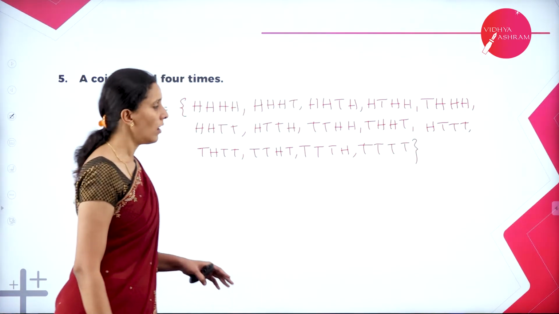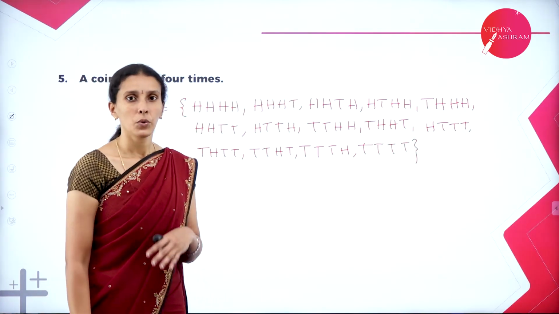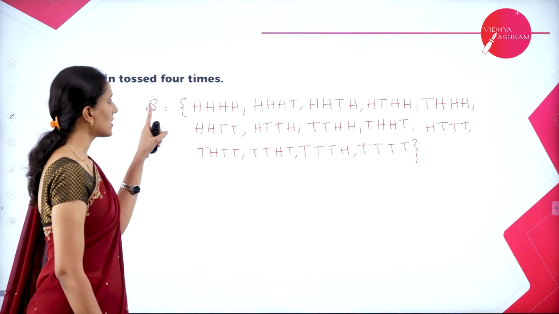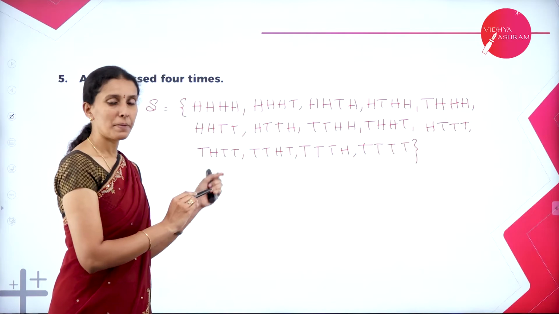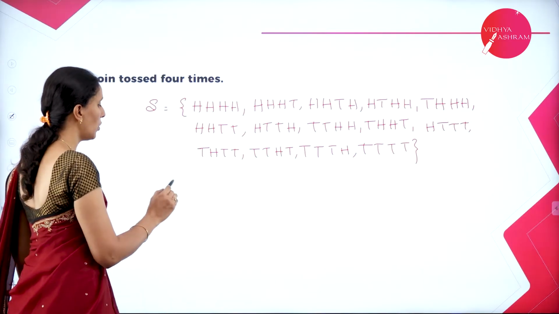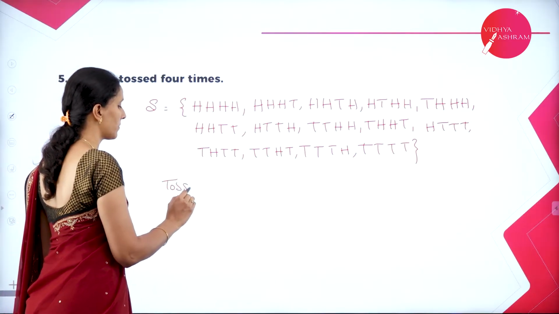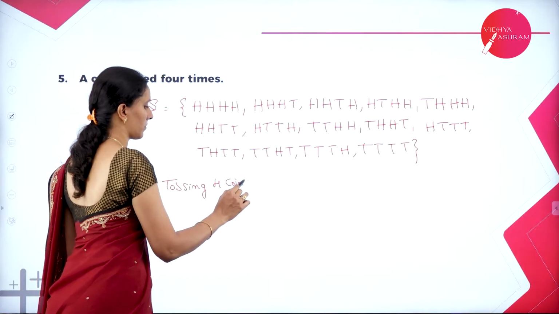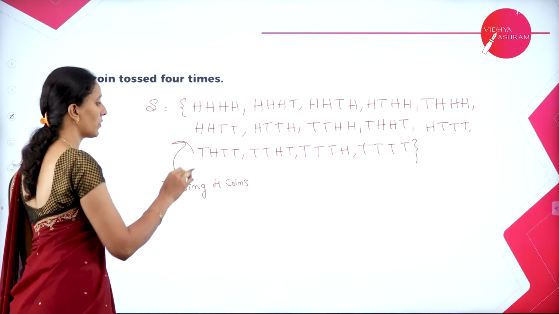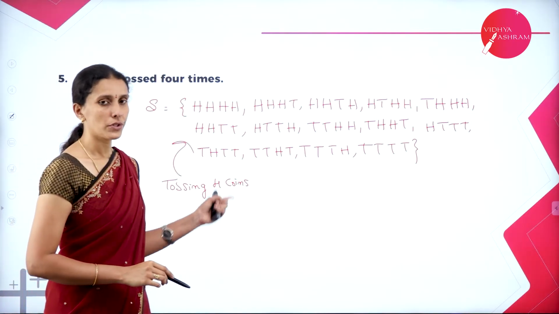So these are the possible results which you can get when you toss a coin 4 times. And this sample space is equivalent to tossing 4 coins. So the sample space for this experiment is also the same.